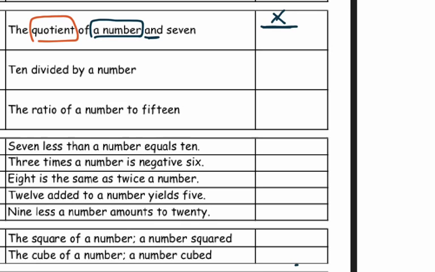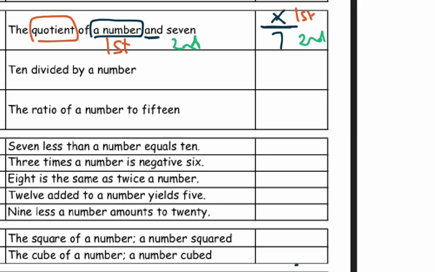Not always, but in this case, because it's a quotient. So the number and 7. So the first number they give you will be in your numerator. Then the second number they give you will be in your denominator. And it'll always be like that. It never gets flipped around, never gets changed. However they say it is how you write it.